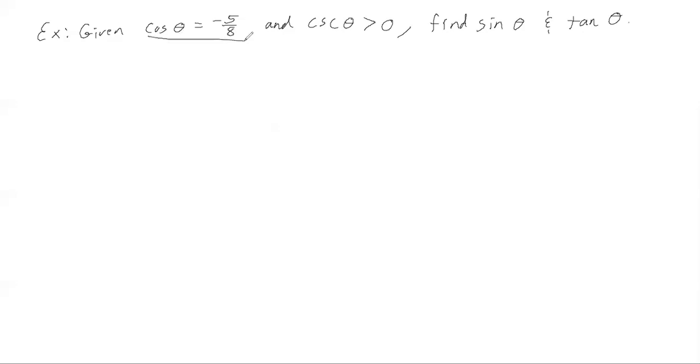Start out with this. Cosine of theta is equal to negative 5/8.